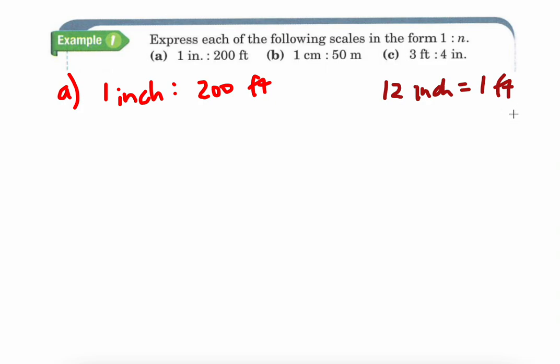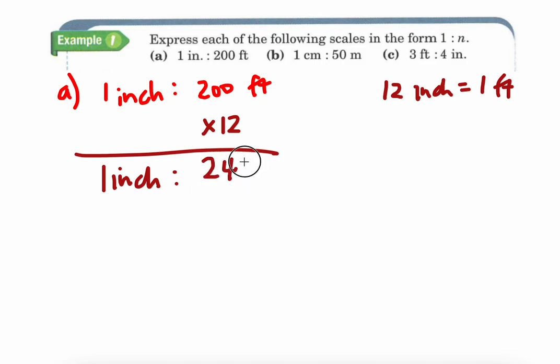I could know in my brain, like, okay, feet, if I need to change that into inches, there's going to be way more inches because there's a lot of little inches that make up 1 foot. So I can multiply by 12 to figure out how many inches there are. Okay, so then this would be 2,400 inches in 200 feet.